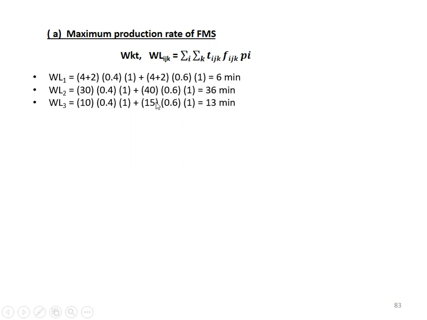So the three workstations are very clear, and next we have NT, which is nothing but the work handling. As you know, the routing is 1, 2, 3: from station 1 to 2, 2 to 3, and again unloading, coming back to station 1. We already know the mean transport time is given as 3, so NT is equal to 3.